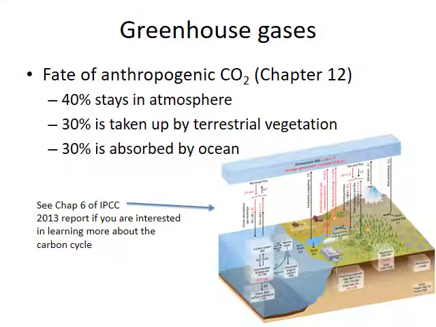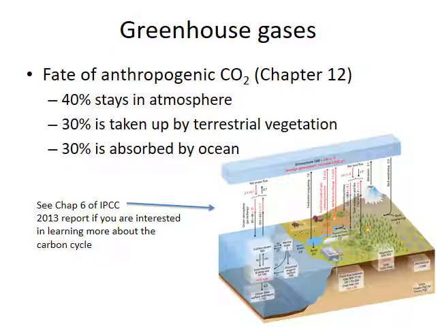So where does all this carbon dioxide go, which we emit into the atmosphere by burning fossil fuels? The good news is that less than half of it actually stays in the atmosphere and leads to the buildup of carbon dioxide in the atmosphere.